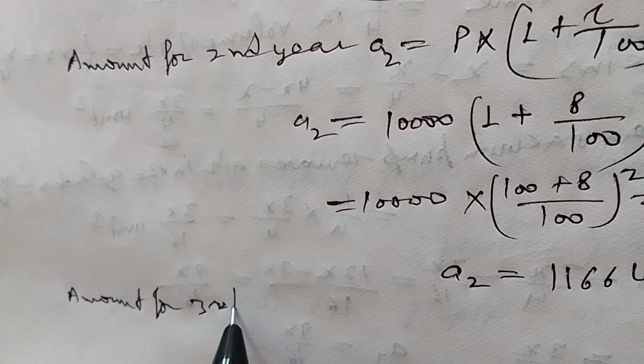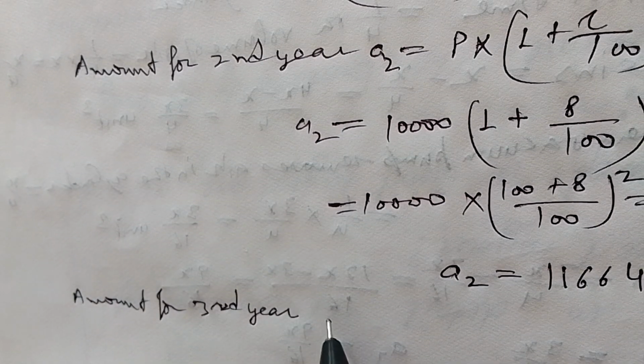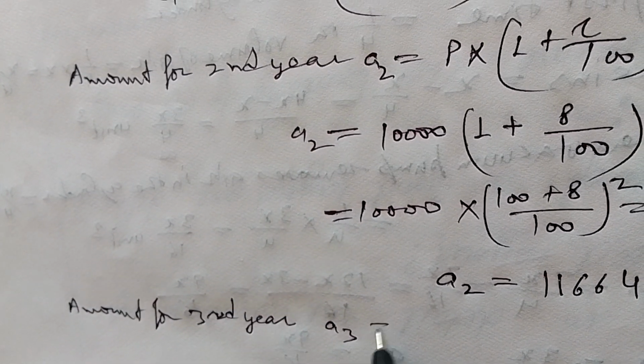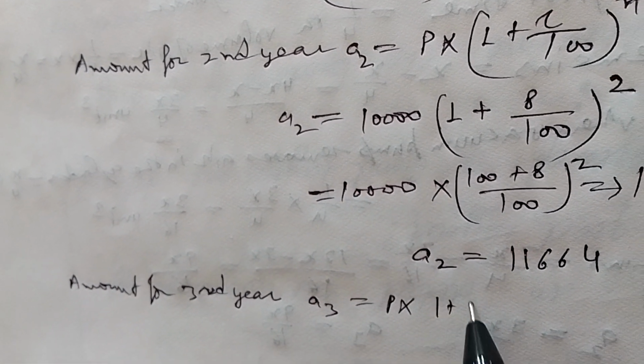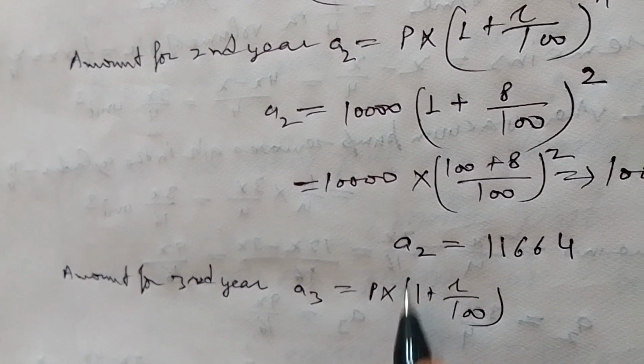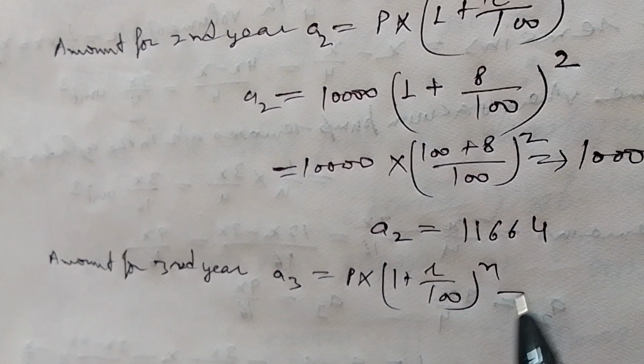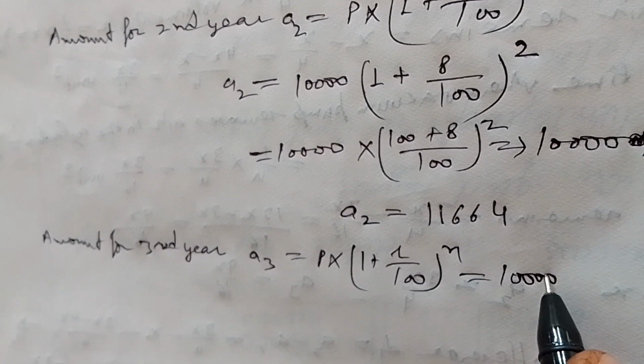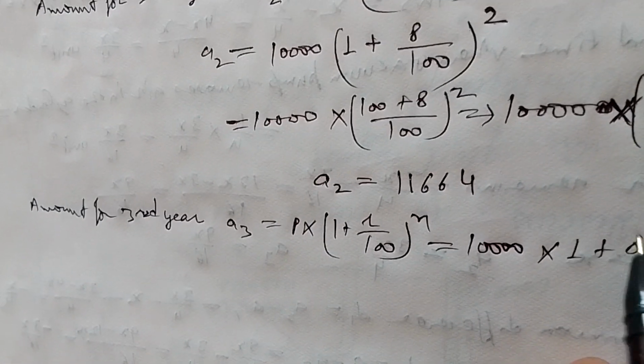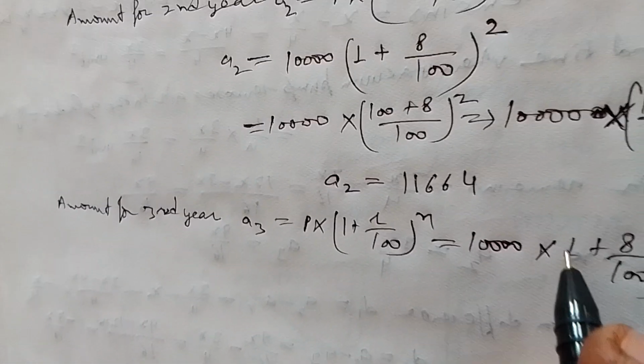Similarly, the amount for the third year, A3, comes out to P times 1 plus R divided by 100 to the power n. By inserting values, 10,000 times 1 plus 8 divided by 100 to the power 3.